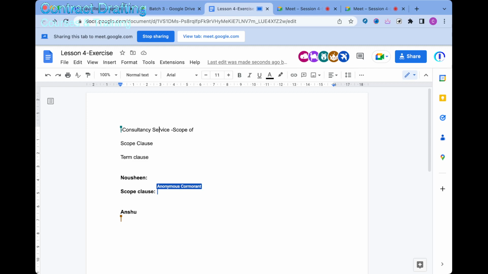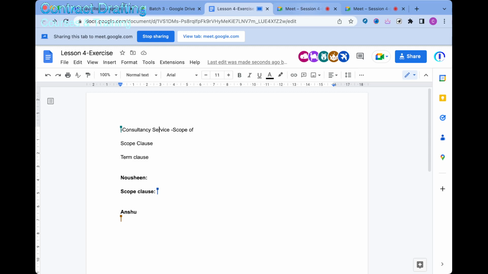So can you just repeat what we have to write in the scope clause? I missed that. Provision of consultancy service. Think what type of consultancy service it is. Will it be a consultancy regarding a project? It can be a consultancy on some technology. It can be a consultancy of anything that you can think of.